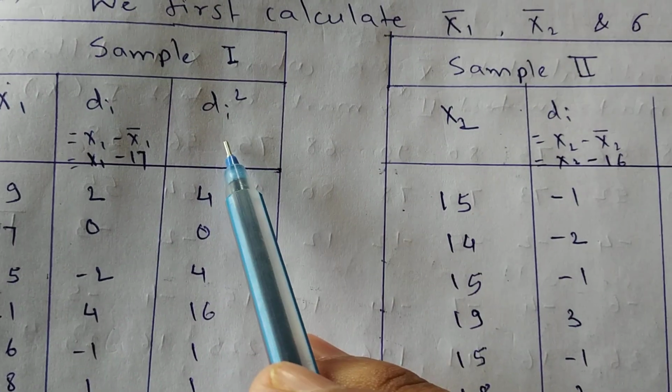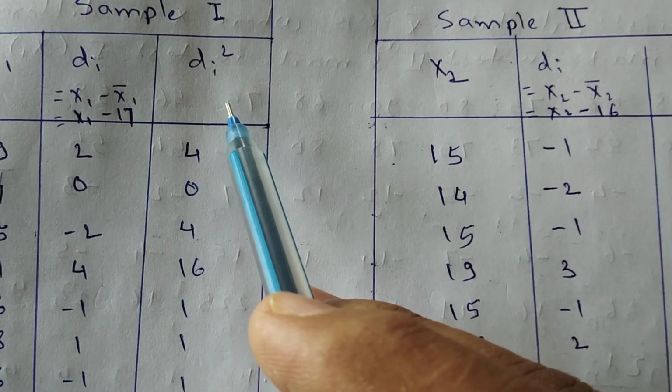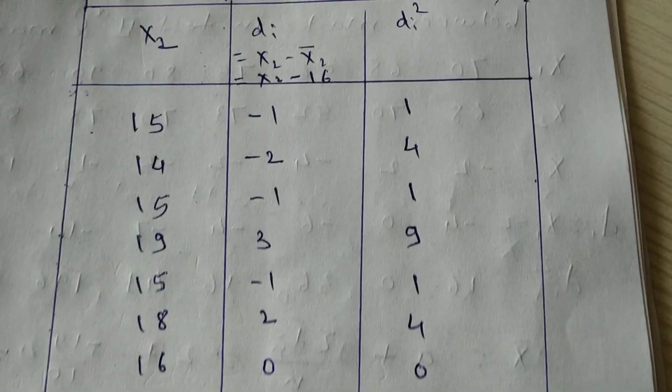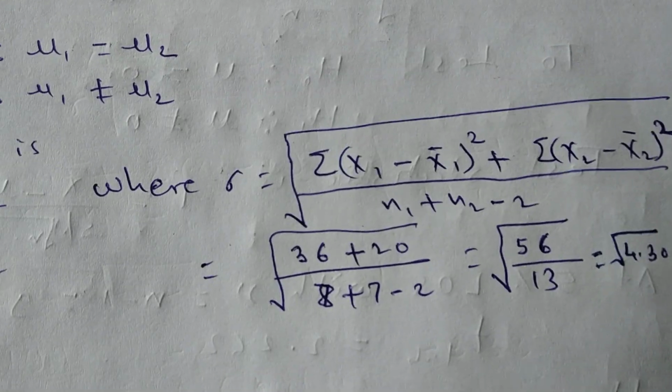And see here, summation of x1 minus x1 bar square means this thing: di means x1 minus x1 bar, and square means x1 minus x1 bar square, and its value is 36. So this is 36 plus this value 20.